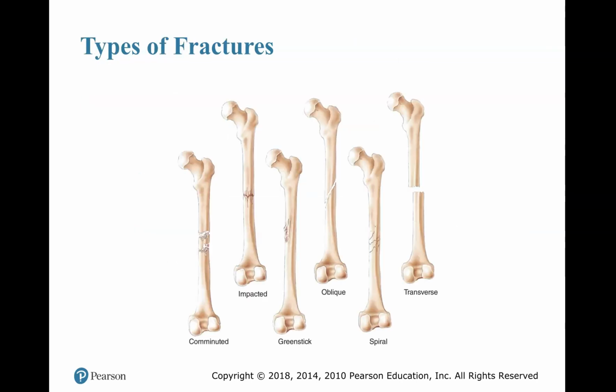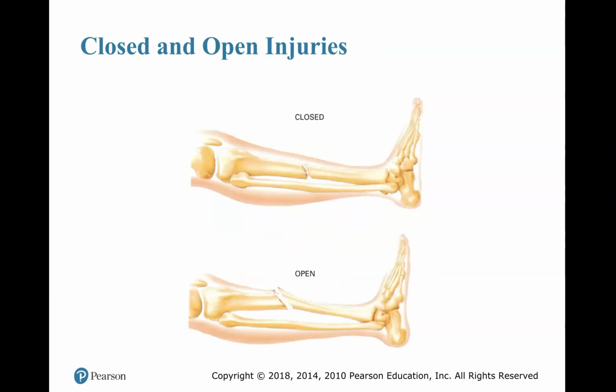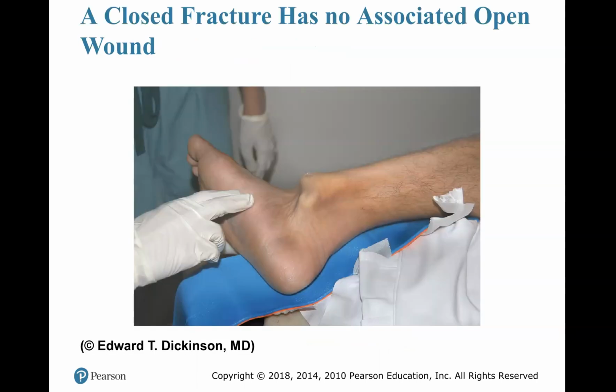Here's your types of fractures. Comminuted, impacted, green stick, oblique, spiral, and transverse. Closed and open. Closed is within the skin, open is outside of the skin. There's a closed fracture that has no associated open wound.